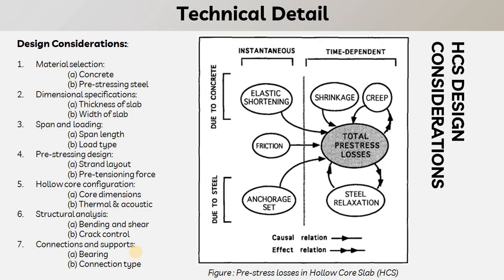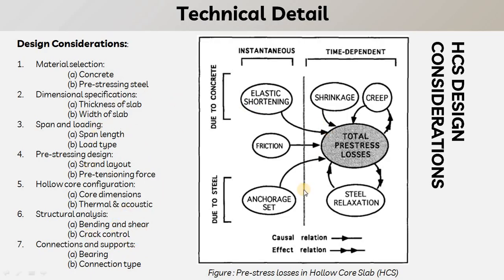Bearing means the sides on which the hollow core slab will rest, which will be on both sides. And the second point is the connection type. We will see how these precast slabs are connected with the beam and how the load is transferred to the beam and from the beam to the column. So these were the design considerations to be considered while designing.